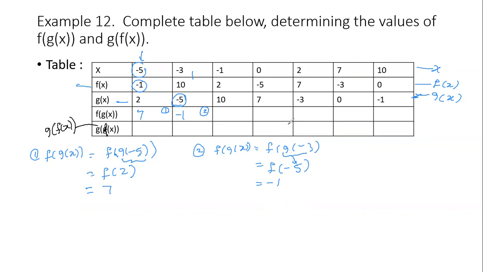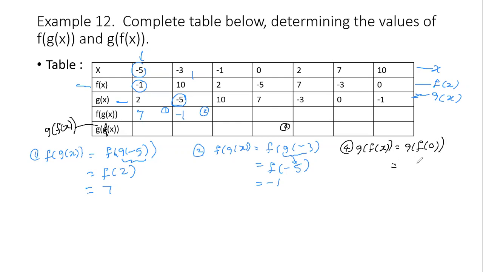Let's say this one. Let's give it a number 1, 2, 3, 4. We want to find cell 4, which is g of f of x. Here the x value is 0. F of 0.